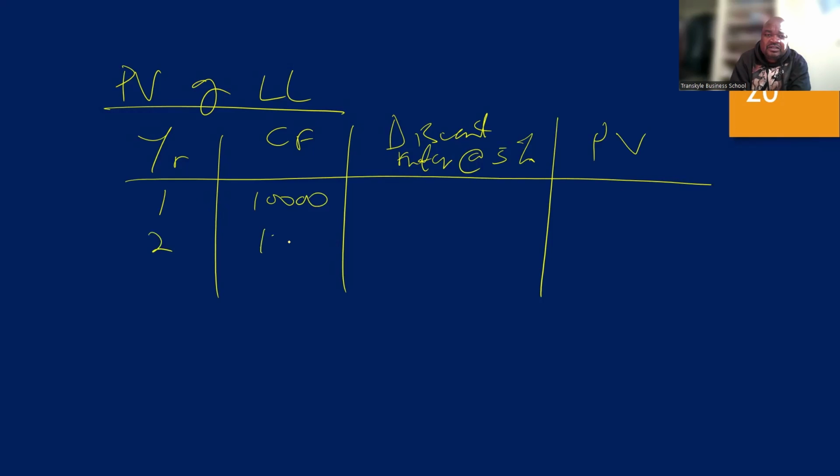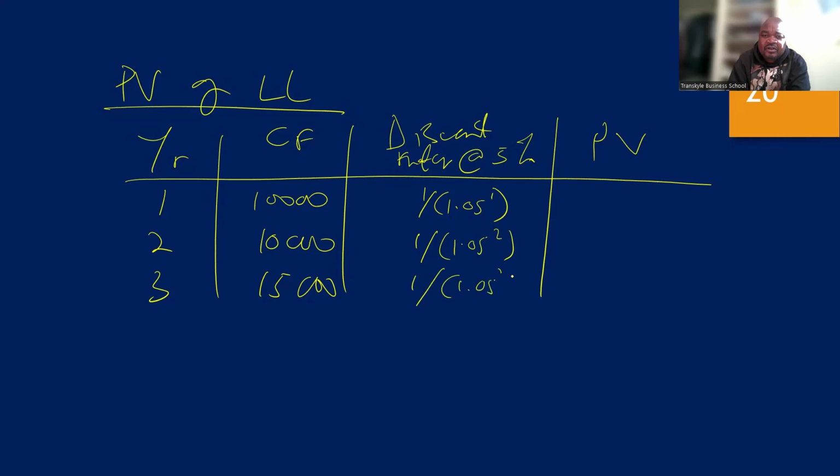Year 2, 10,000. Year 3, 15,000. The discount factor at 5% is 1 over 1 plus r to the power 1, then 1 over 1.05 to the power 2, and again 1 over 1.05 to the power 3. Very, very simple, isn't it?